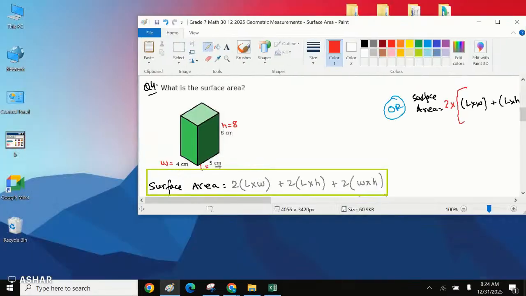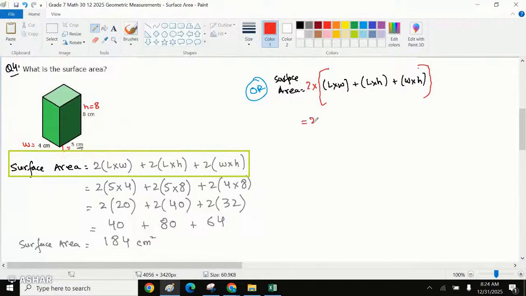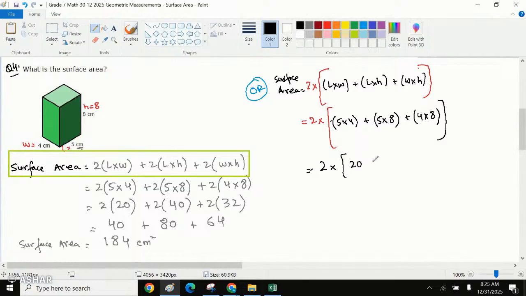Let's see. We can say 2 is multiplied by length times width, 5 multiplied by 4, plus length 5 and height 8, plus width 4 and 8. Agreed? So 2 multiplied by 5 times 4 is 20, 5 times 8 is 40, and 4 times 8 is 32.